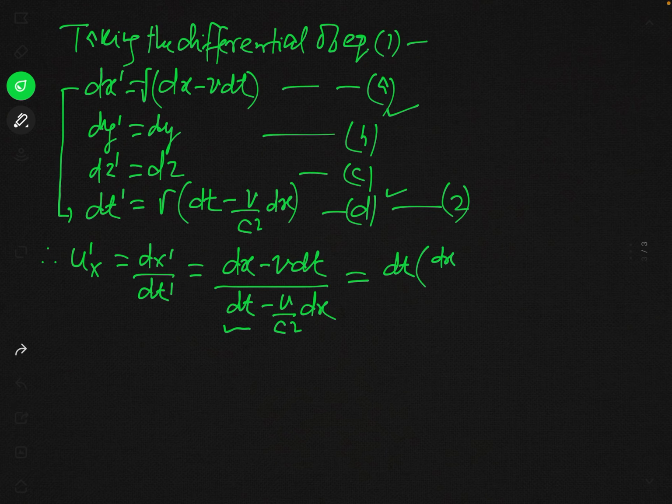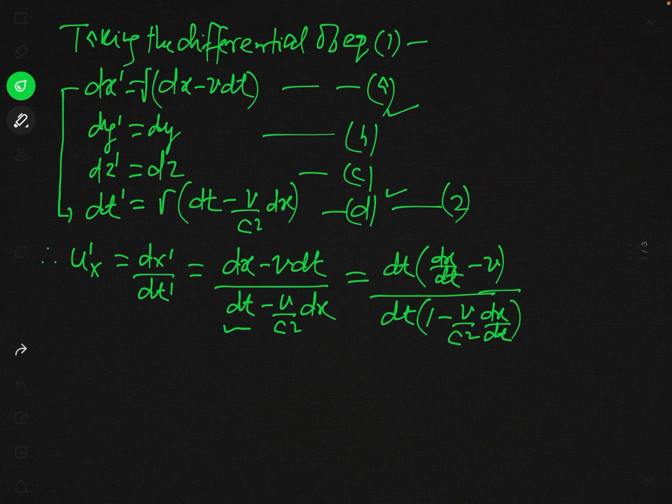So this will be dx by dt, and in the second term only v will remain, and again in the denominator we take this dt as a common factor, so this will be 1 minus v over c square into dx by dt.